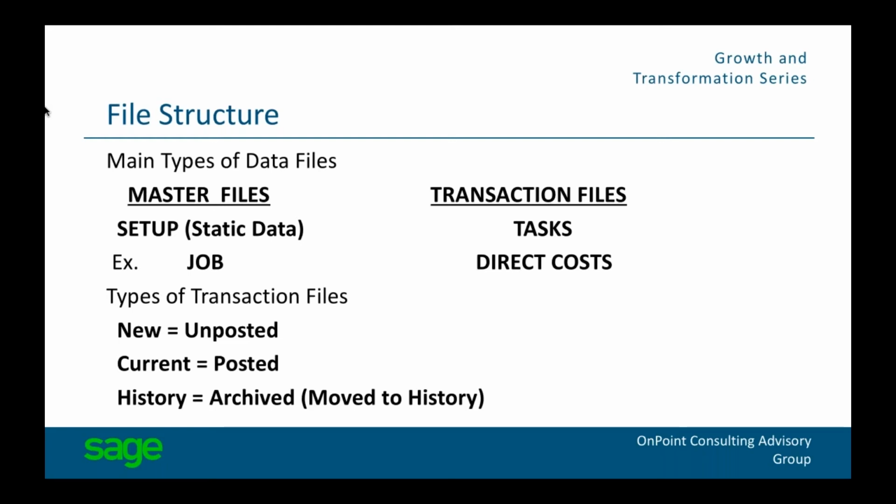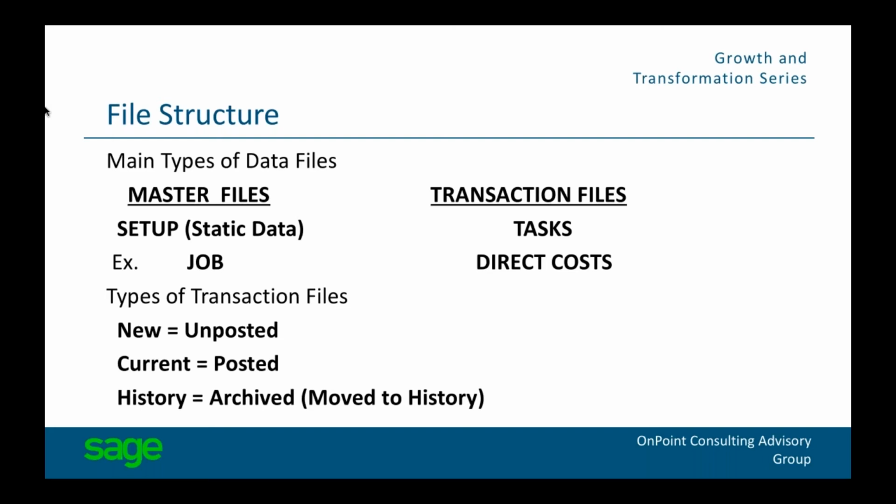Then there are the different types of transaction files. You have a new file, which is anything in there that is unposted. That's why we want to always watch our new files, and you might also see them as new.jct, because that's the job cost transaction file.